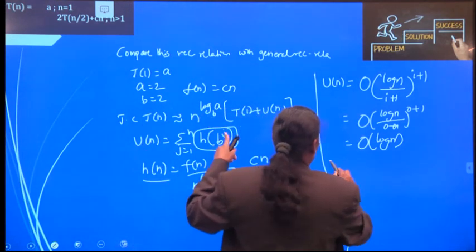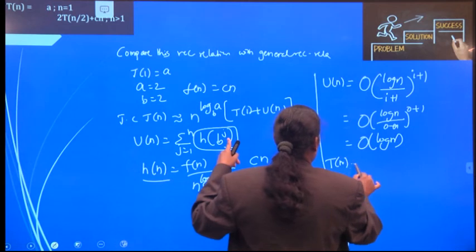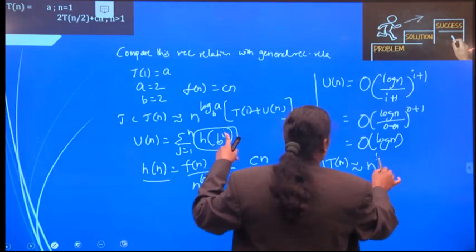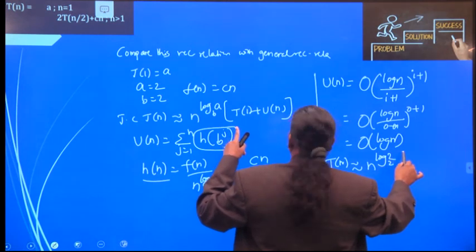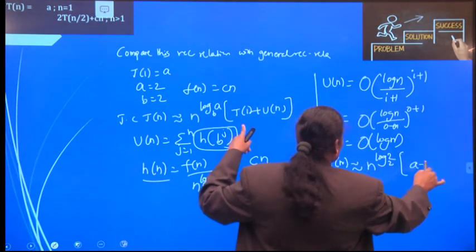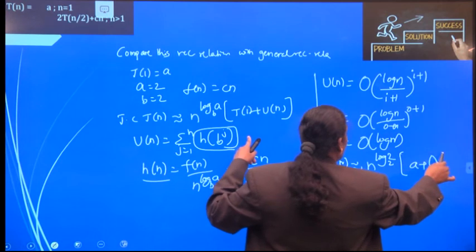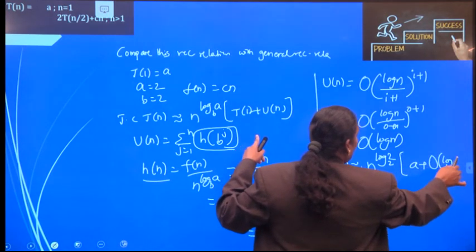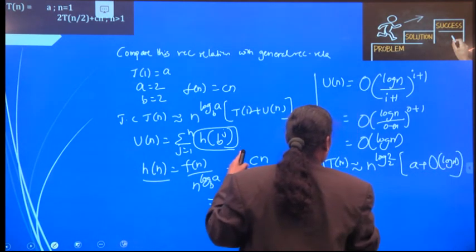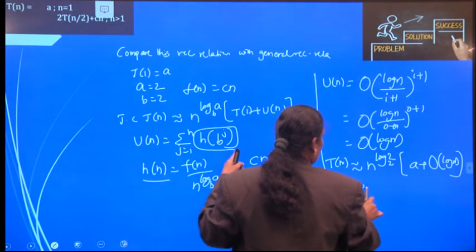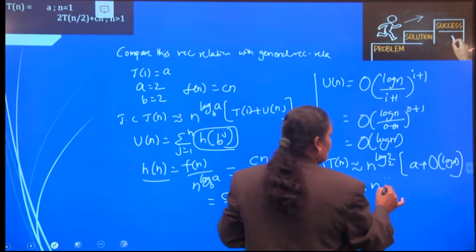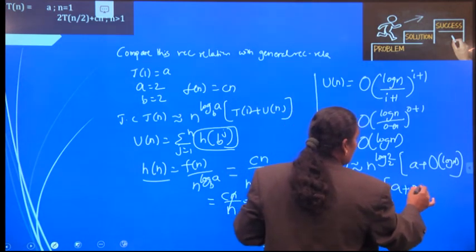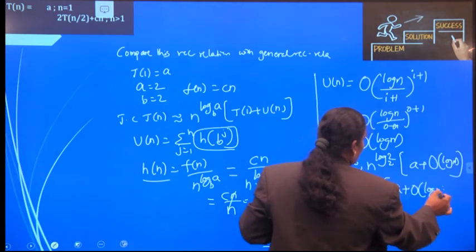Now by substituting that value, you will get the time complexity as T(n) is equal to n^(log a base b), that is log 2 base 2, into T(1), which is nothing but a, and U(n) is big O of log n. Now here log 2 base 2 is 1, so it becomes n into a plus big O of log n.